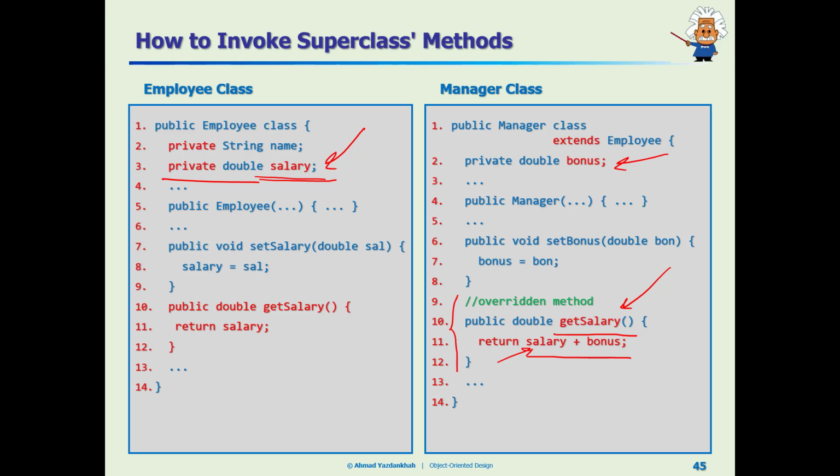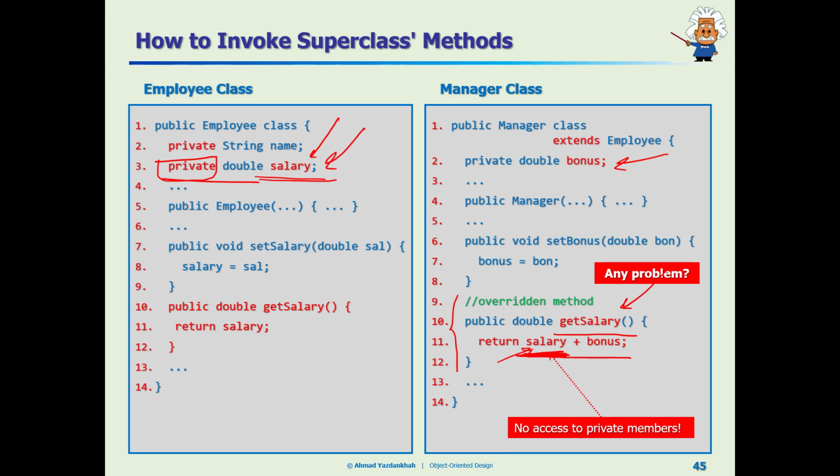Probably not, because we learned that this salary is a private instance variable or member, right? We don't have access to the private thing here, right? All right, so this is a problem.